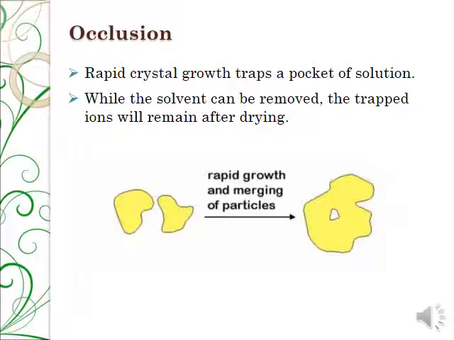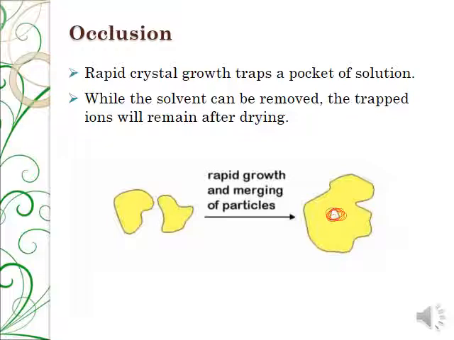Now, what is occlusion? Occlusion is when the precipitate rapidly grows in size, it has the tendency to trap a pocket of solution. Okay, because it grows too fast, the aqueous solution is trapped in the structure of the precipitate. Okay, we can remove the remaining solvent, but the trapped ions here will remain even after drying.